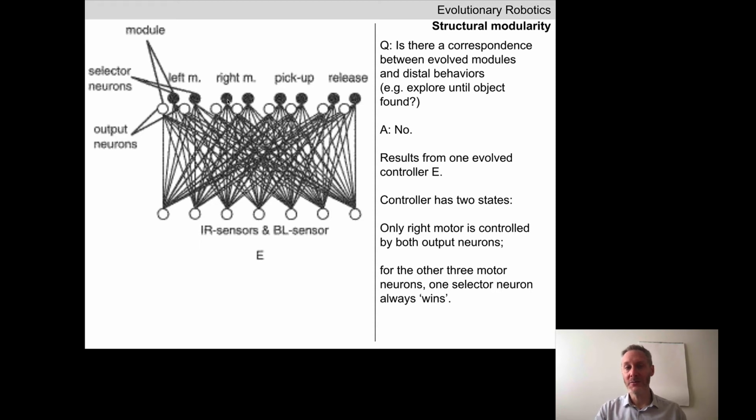And there are other times while that robot is moving around in the arena where the left selector neuron has a greater value than the right selector neuron, meaning this circuit is in charge. In the other three clusters, there is no switching between the pair of selector neurons. Evolution elected not to use modularity in these parts of the network, only in this part of the network. So far, so good?